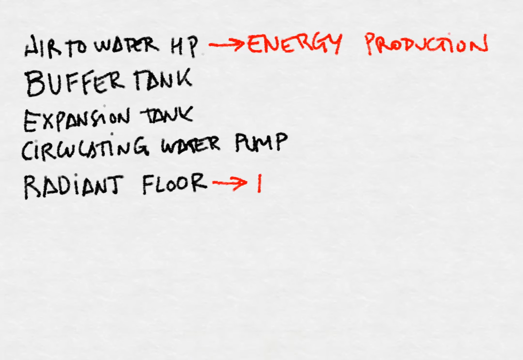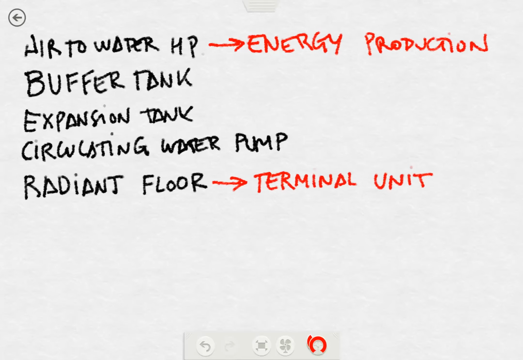It's the terminal unit. Okay. And all these things, the buffer tank, the expansion tank, and the circulating water pump, well, those are things that we need in this mechanical system.